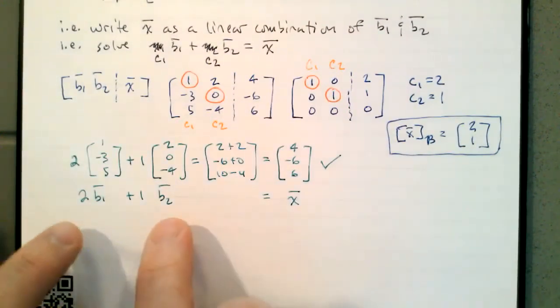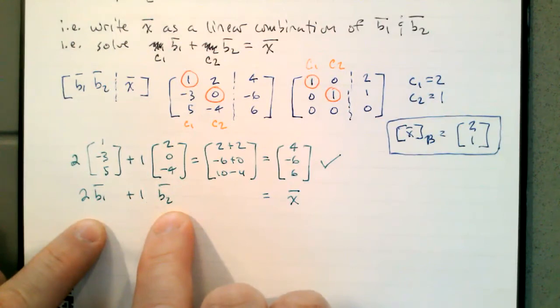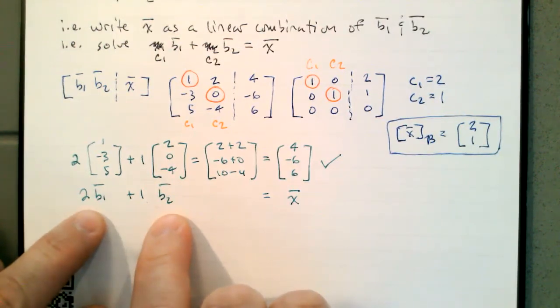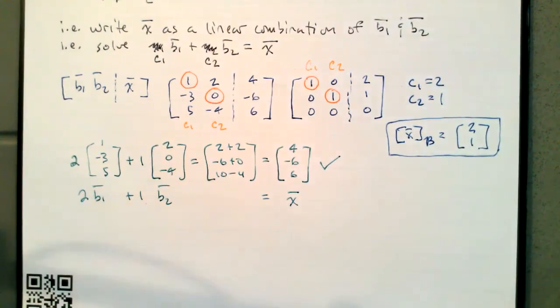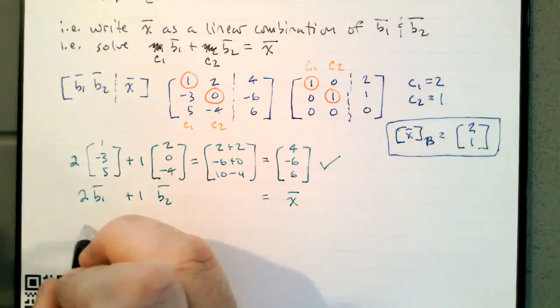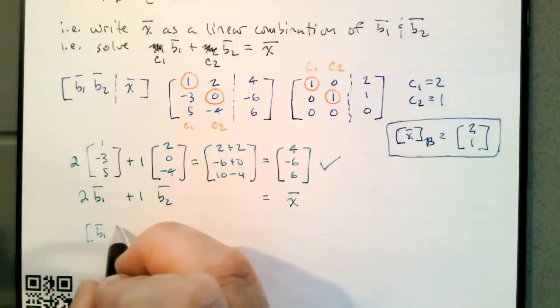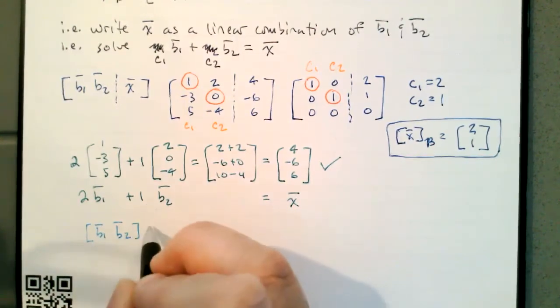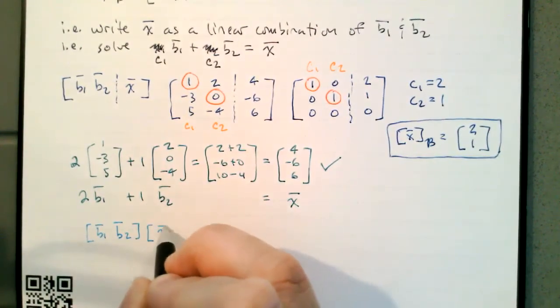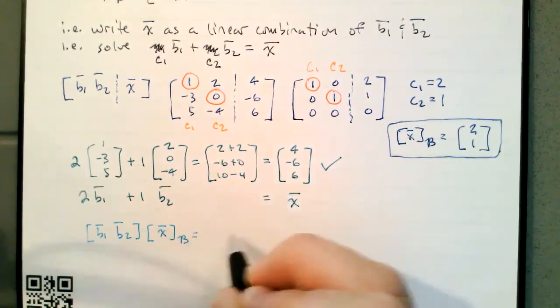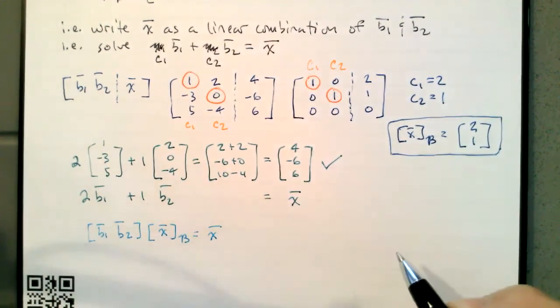So I can reframe this linear combination as a matrix multiplication. If I write the matrix b1, b2, and multiply by the b coordinates of x, that will give me the standard coordinates of x.